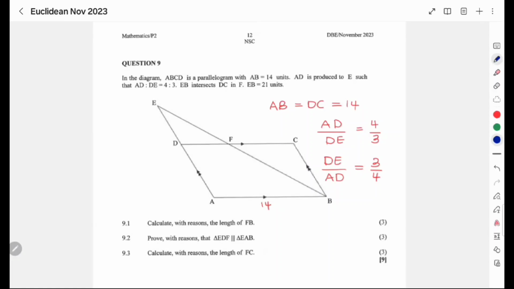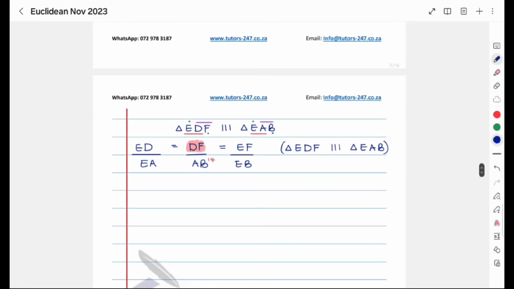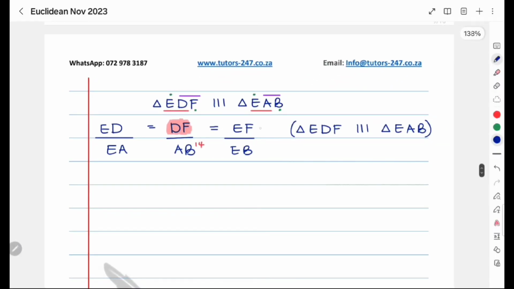So we calculated FB as 12 and EB was given as 21. So if we want to find EF, we can take the length EB and subtract the length FB, therefore giving us the length EF. So we know that we can determine EF. And we know that EB is 21. So we are going to use the second and third.